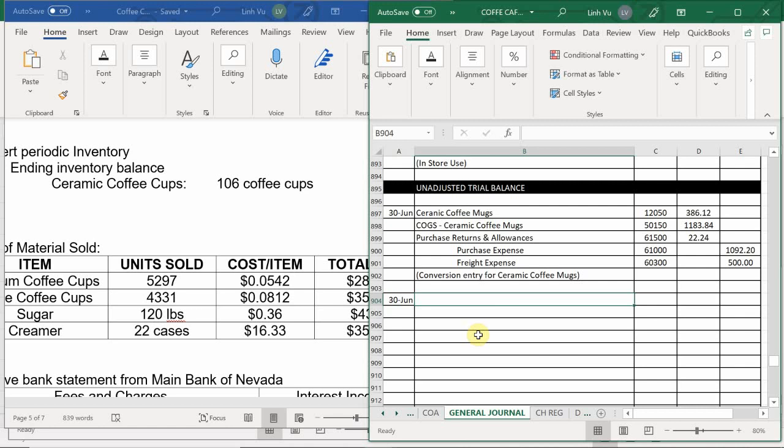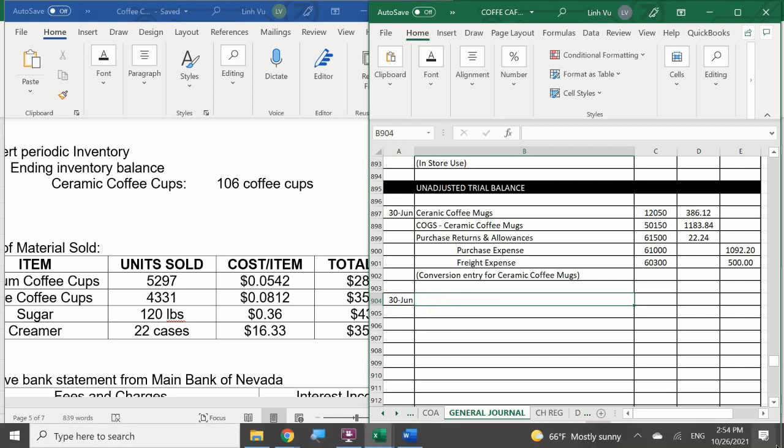Okay, so let's take a look at my chart of accounts. Do I have a cost of materials account? Yes, you do. And an expense account, right? Yes. Okay. So the cost of materials, because the medium coffee, you have to go one by one. Cost of medium coffee cups or large coffee cups.